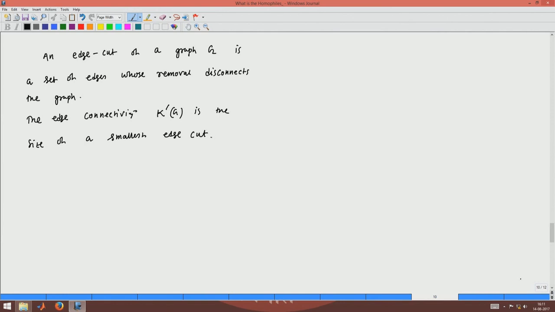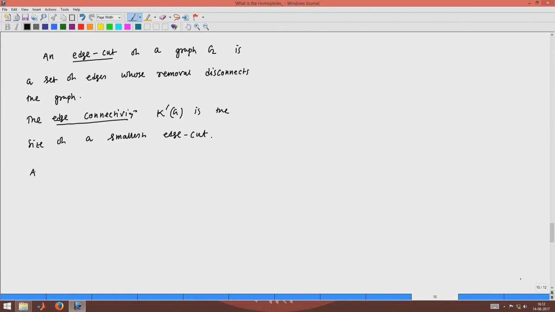Okay. So, edge cut is a set of edges whose removal disconnect the graph, and edge connectivity is the size of the smallest edge cut, right.